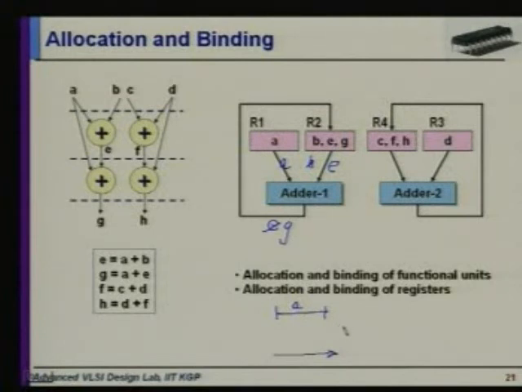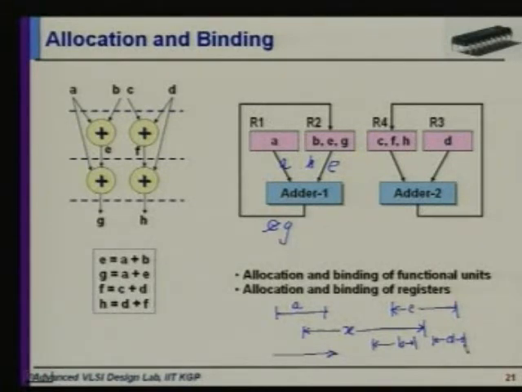I need A from here to here, I need X from here to here, I need B from here to here, and I need C from here to here. The question is, how many registers will I need? Right, so 3 is unavoidable here.